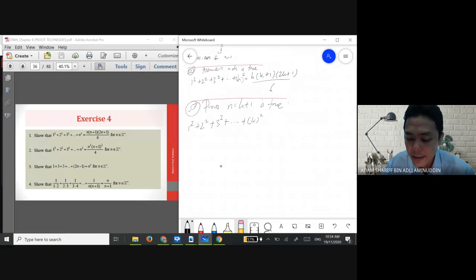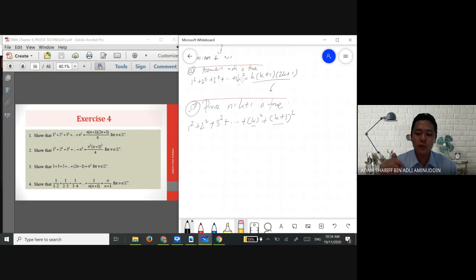After k will be the term of k plus 1 squared. You see? The second step until k, the third step until k, then k plus 1 again.